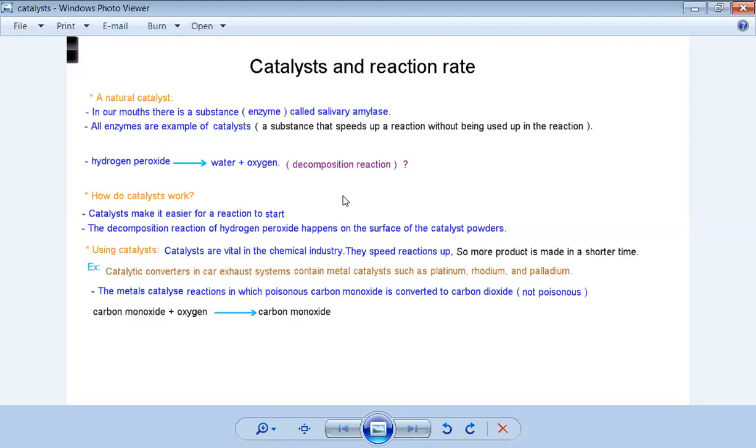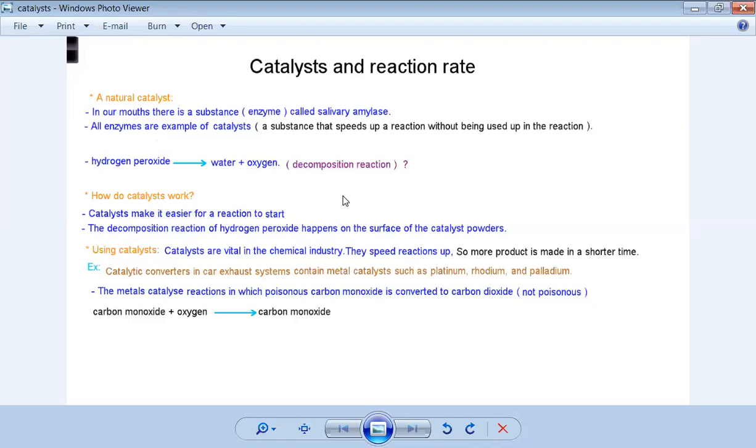For example, here they are using catalysts in converters, converters in car exhaust systems, which is the system that releases the smoke, the gases from the cars.